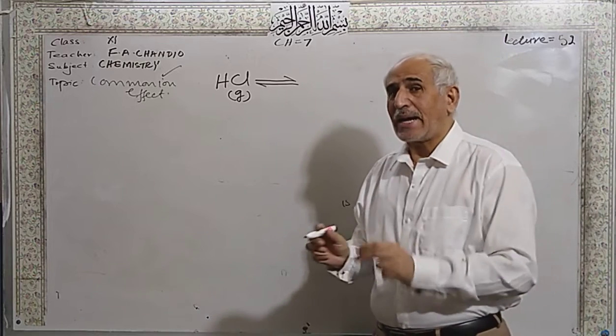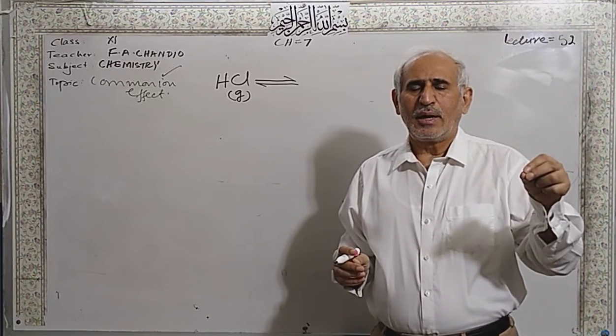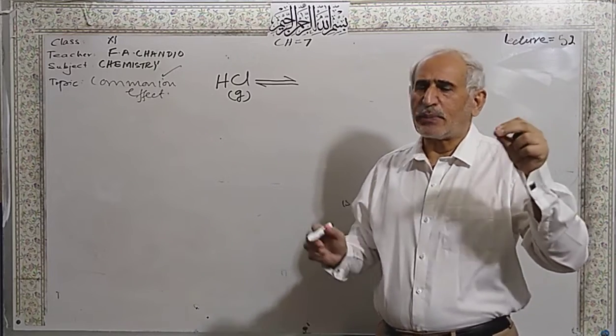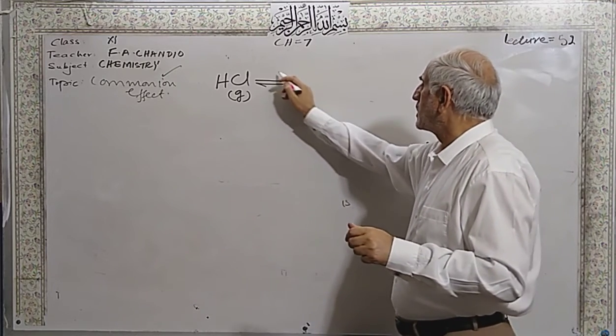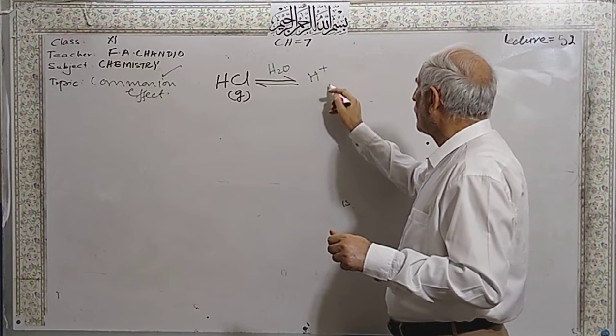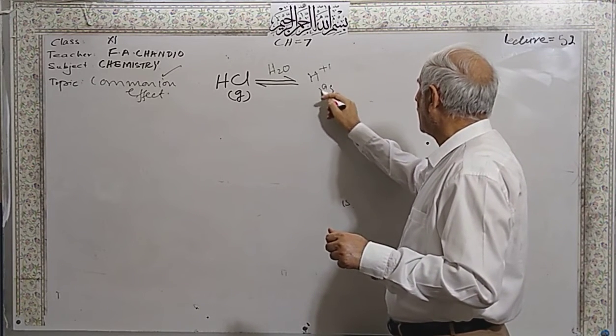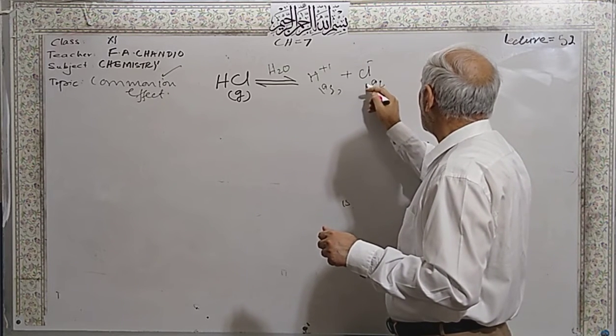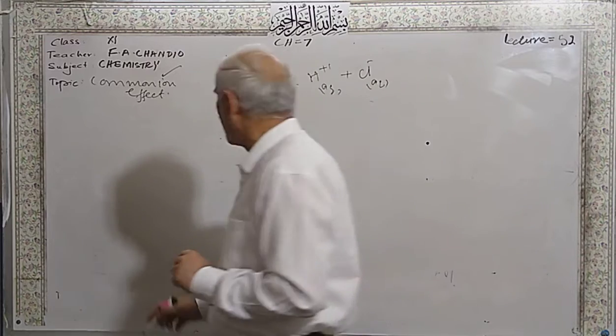Hydrogen chloride is highly soluble and dissociates 100% in aqueous solution to give hydrogen ions and chloride ions. I will explain this.